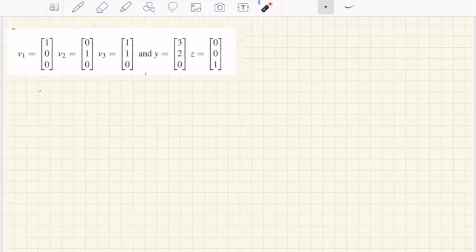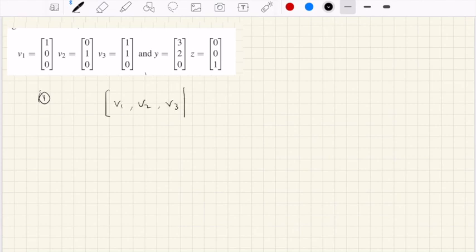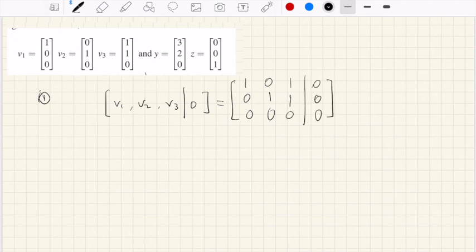So we first want to prove V1, V2, V3 are linearly dependent. To prove that, first we look at their augmented matrix, V1, V2, V3, and 0. It can be written as 1, 0, 0, 0, 1, 0, 1, 1, 0, and 0, 0, 0 on the other side.